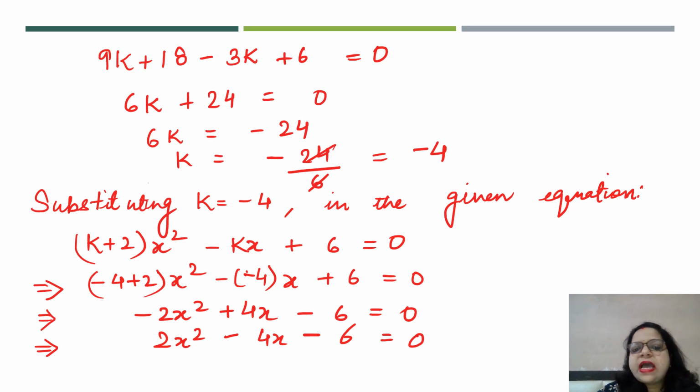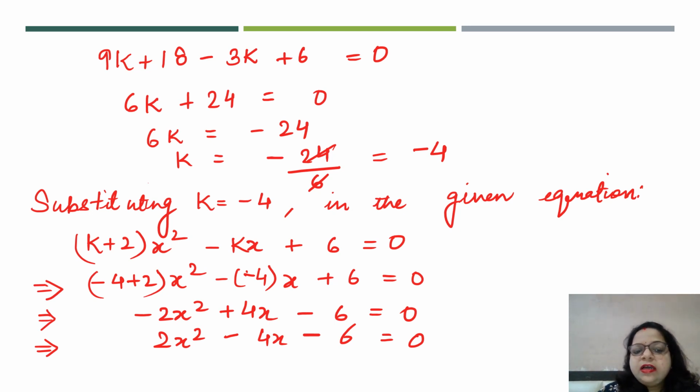Substituting k is equal to minus 4 in the given equation, children, what do we find? (k plus 2)x square minus kx plus 6 is equal to 0. We substitute the value of k as minus 4: (minus 4 plus 2) into x square minus (minus 4) into x plus 6 is equal to 0.